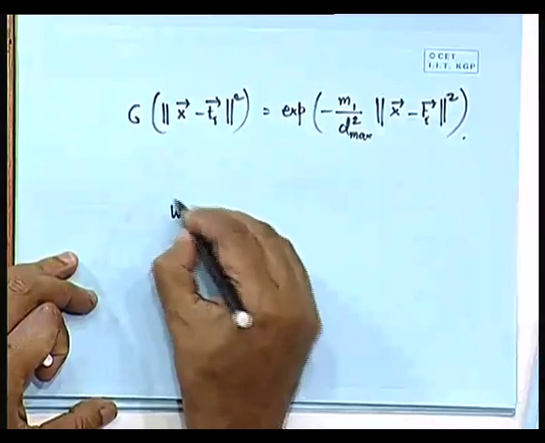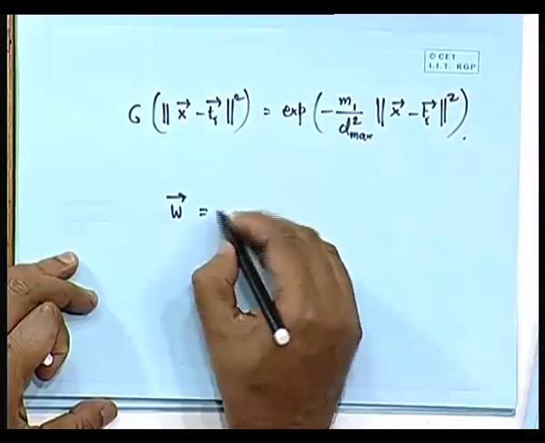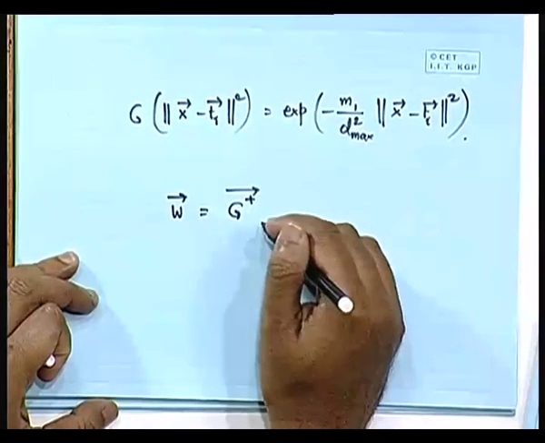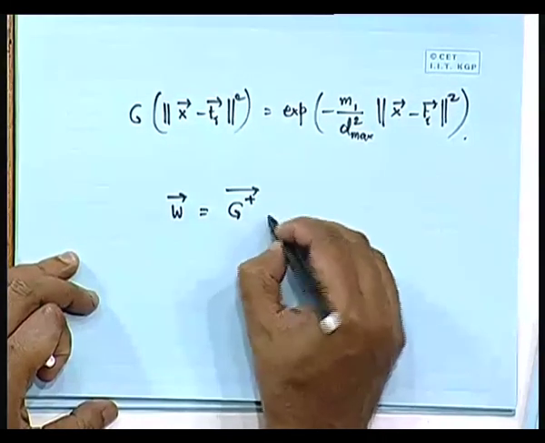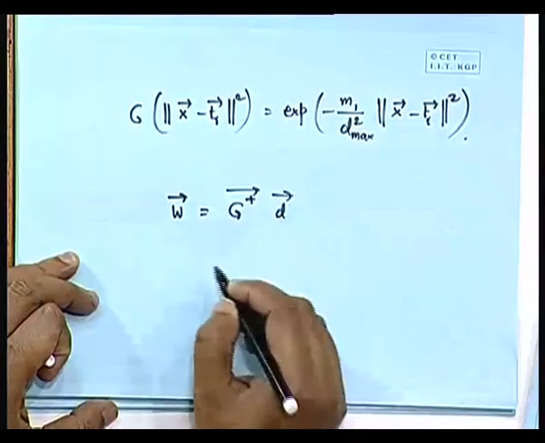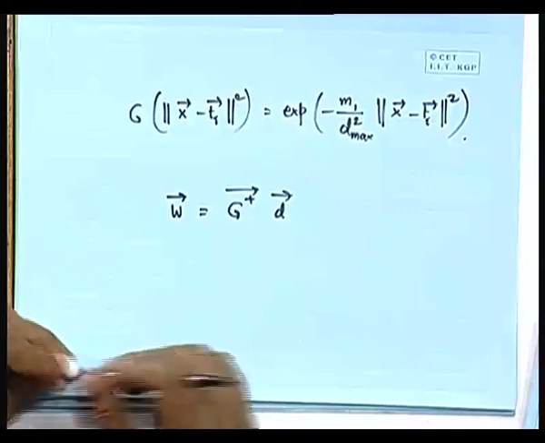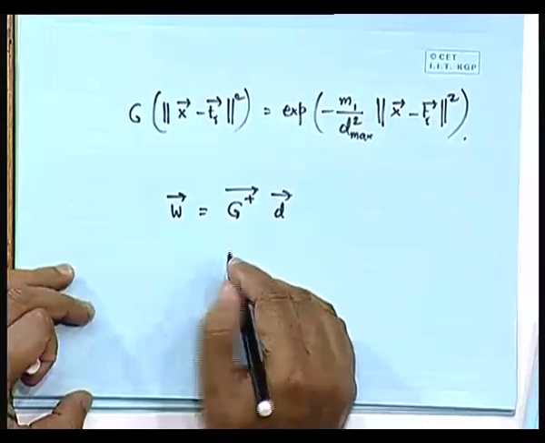And in the last class we obtained the solution of the weight vector as G plus D, where D is the desired response vector and G plus is the pseudo inverse of matrix G.